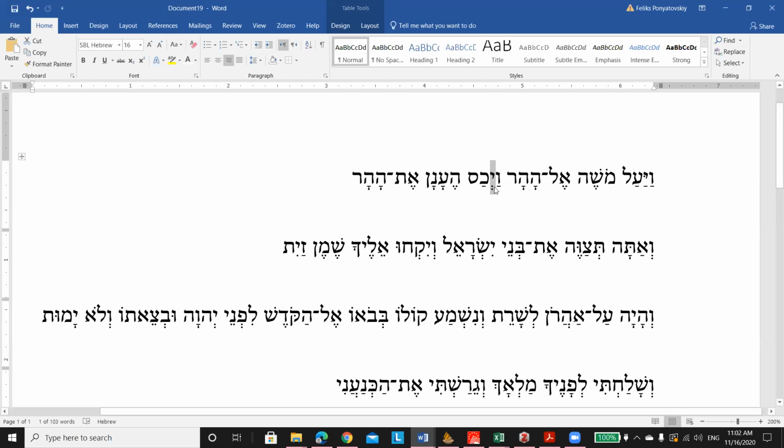Okay, so Anan is the cloud. Can you translate everything? And Moses went up on the mountain, and the mountain was covered with a cloud.